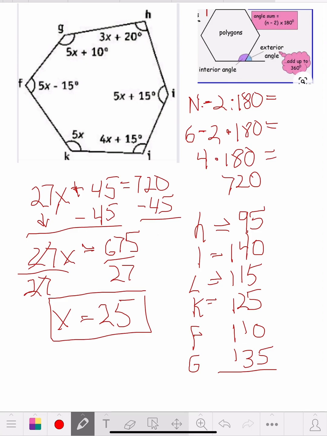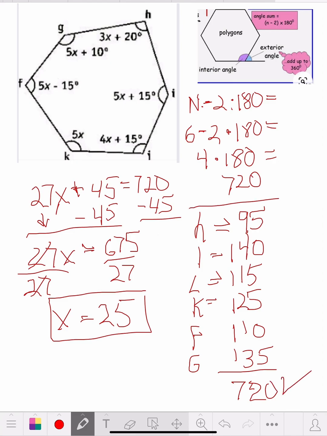So we have 95 plus 140 plus 115 plus 125 plus 110 plus 135 equals 720. And that checks. That's what it should be.